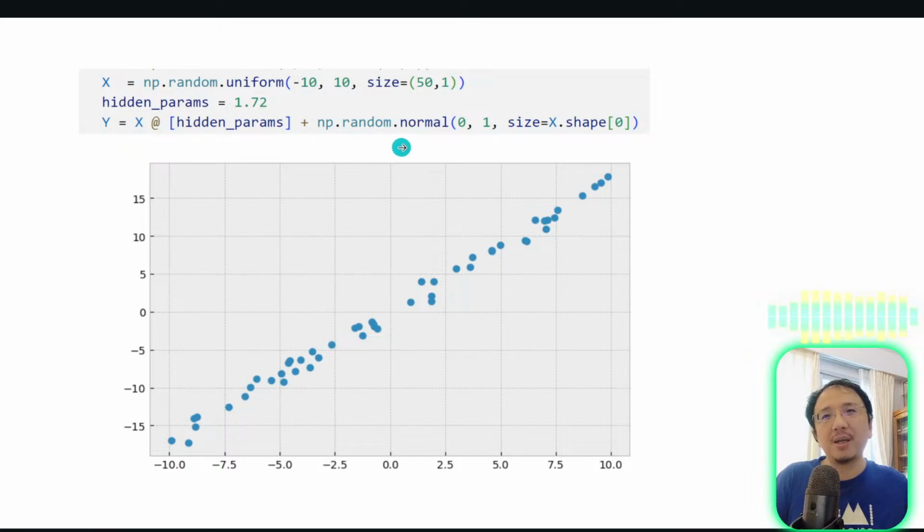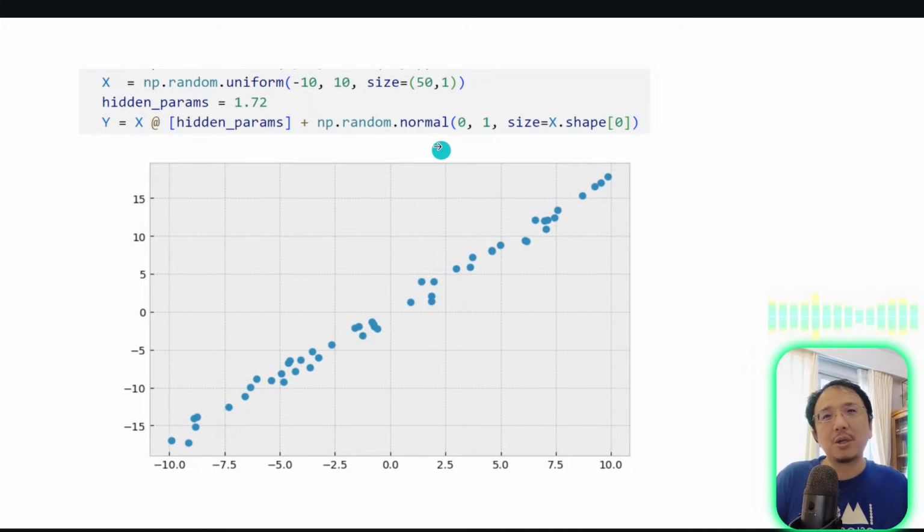We're using standard normal distribution noise. So the final dataset constructed is like this graph. It falls close to a straight line, but not exactly.